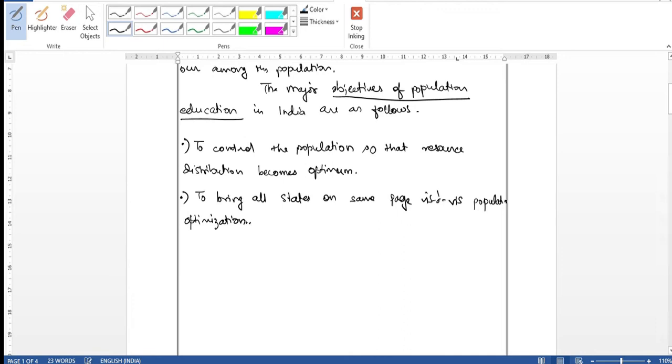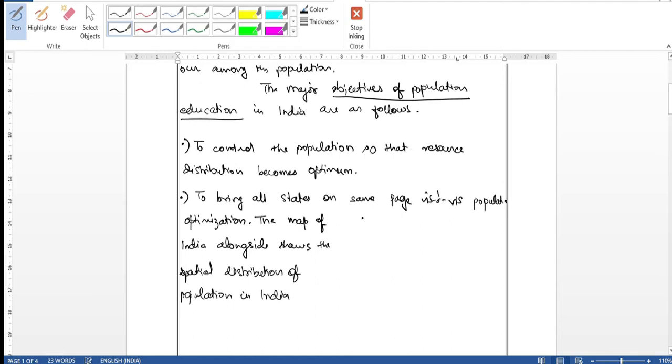And we'll make a map here. The map of India alongside shows the spatial distribution of population in India, and the map will go like this.